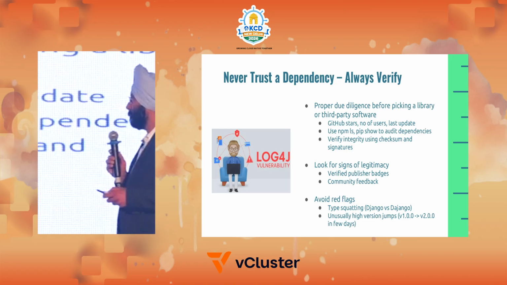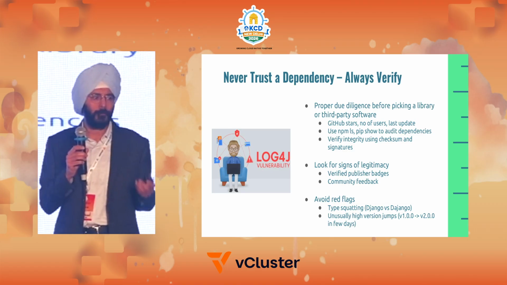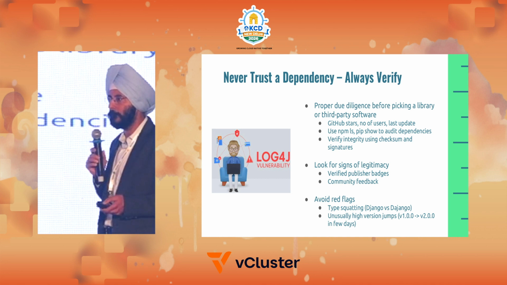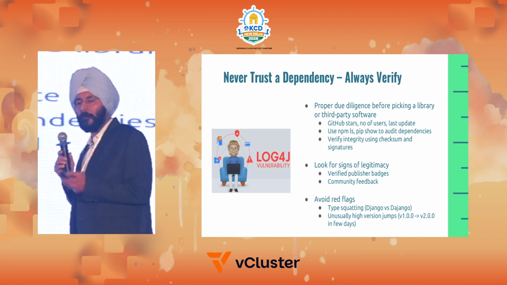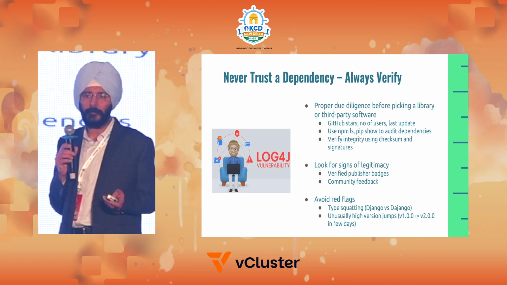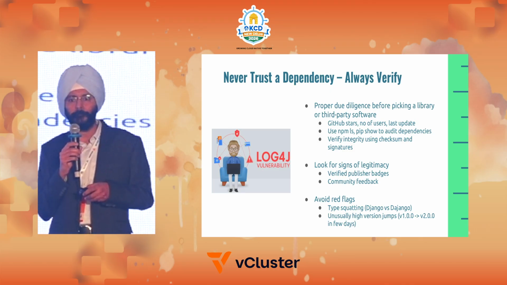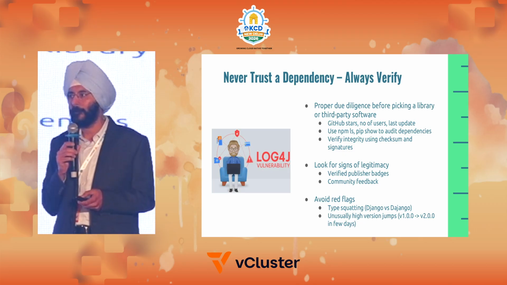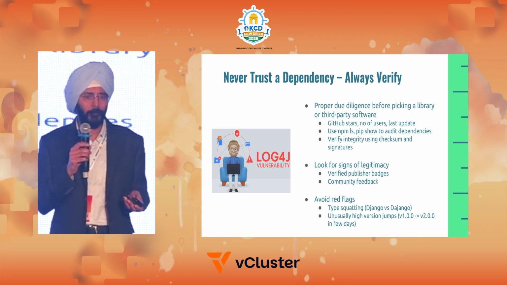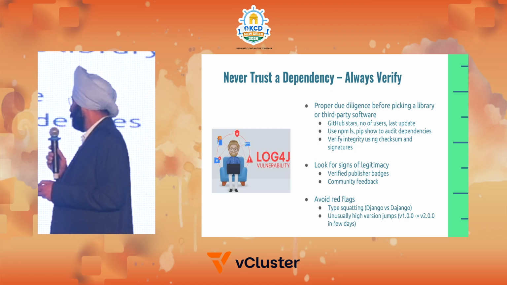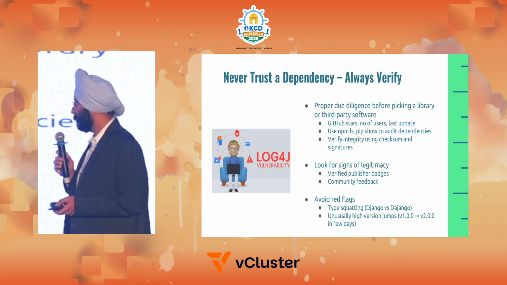Before you pick any third-party software, you can do some due diligence. Some of the things you would already be doing: how popular the software is, how many users there are, what the number of contributors is. One red flag for me is if people have stopped contributing to an open source software, then I will not use it because it's not getting popular. And who are the publishers?